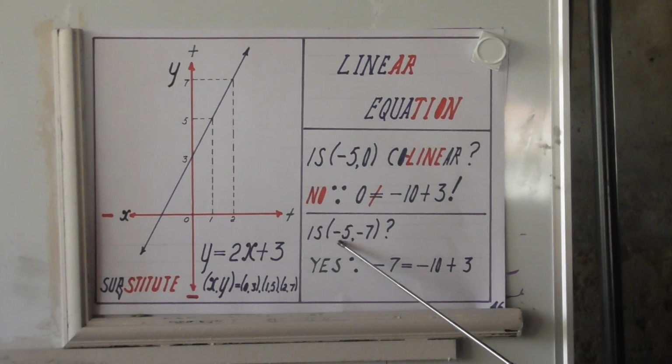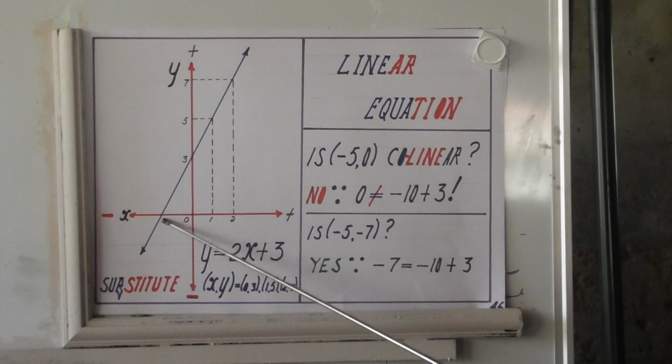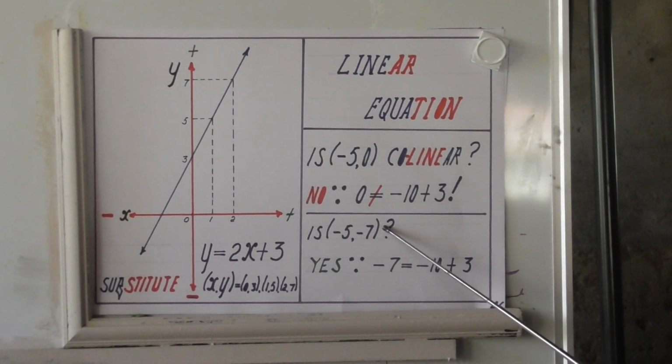Is negative 5, negative 7 on the line? Negative 5, negative 7. Negative 7 is negative 10 positive 3. Yes. So negative 5, that's off, so that point is somewhere here.